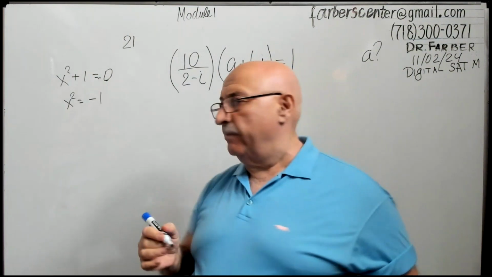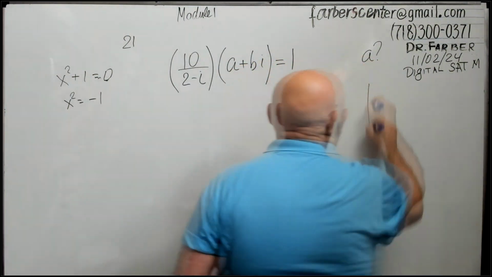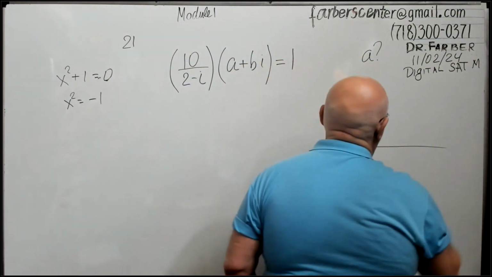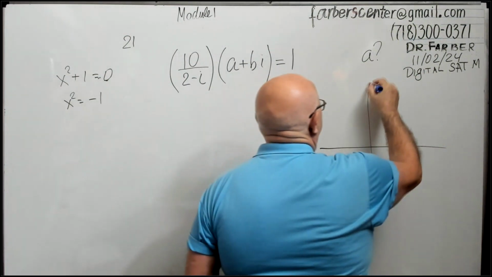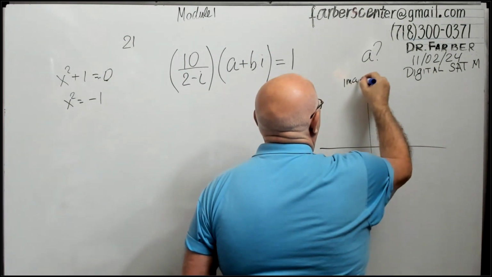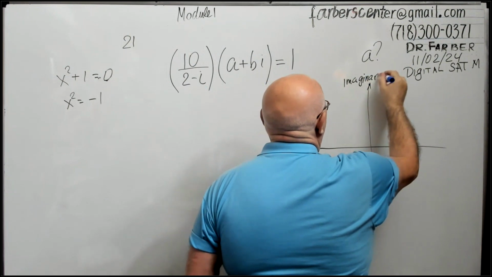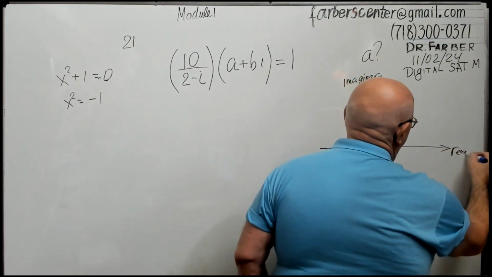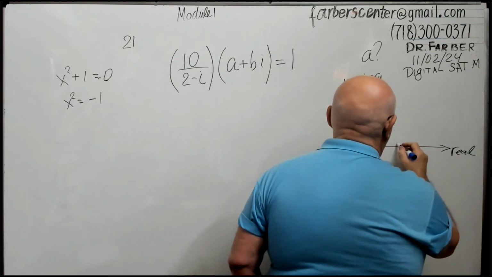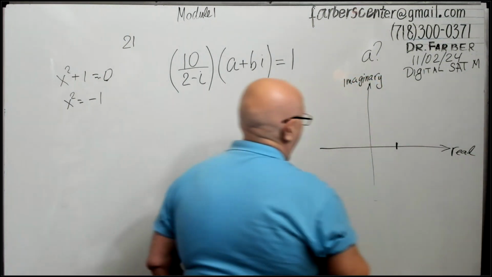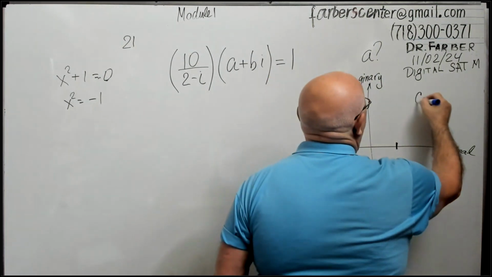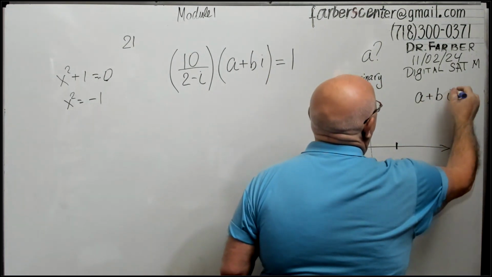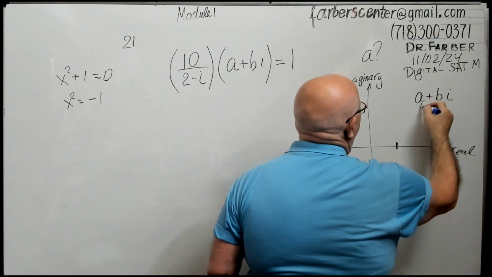Complex numbers, very briefly, we can represent on a plane. And we have two parts, imaginary part and real part. Let's say we have a number which can be represented like a plus bi. This is real.